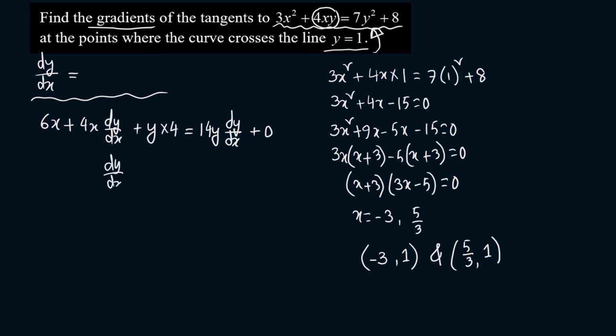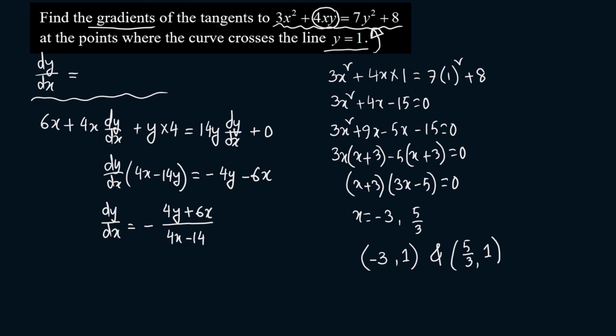Dy by dx, if we take common, it gives us 4x minus 14y equals to minus 4y minus 6x. So make dy by dx as a subject, and it gives us minus, you can take common, (4y plus 6x) divided by (4x minus 14y).